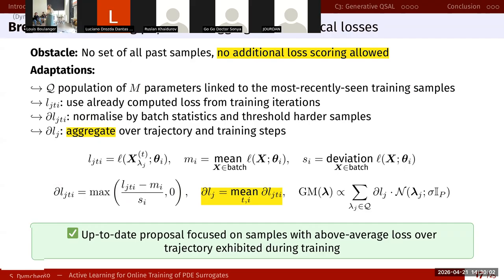So we have one value for weighting our Gaussian mixture with centers at this lambda from the population Q. What we get is the proposal, which is based on the most up-to-date information about the neural network training. And the weights are proportional to the, on average, harder samples across the trajectory, which were exhibited during the training.